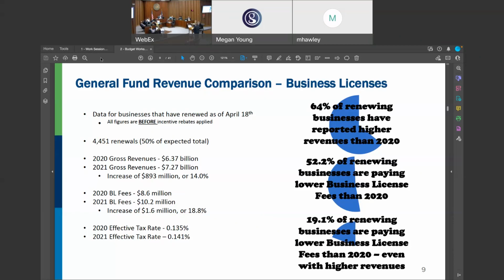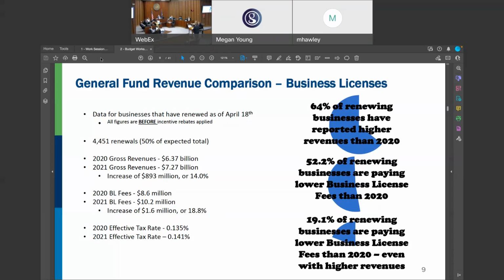Greenville businesses overall have had a good year in 2021, increasing gross revenues by almost $965 million. So you can see the slide says 893. So in the last week, the businesses that have renewed continued to show a favorable result. That's about a 14.5% increase compared to the revenues from these businesses in calendar year 2020.